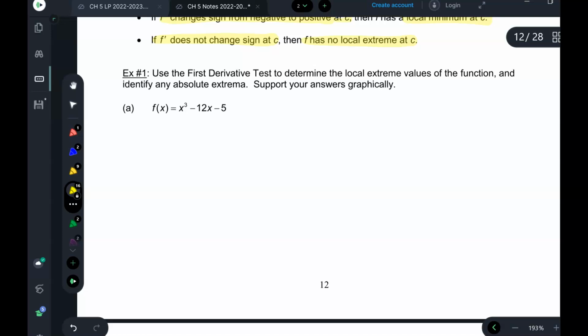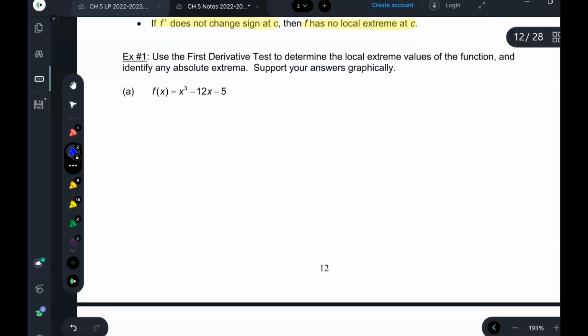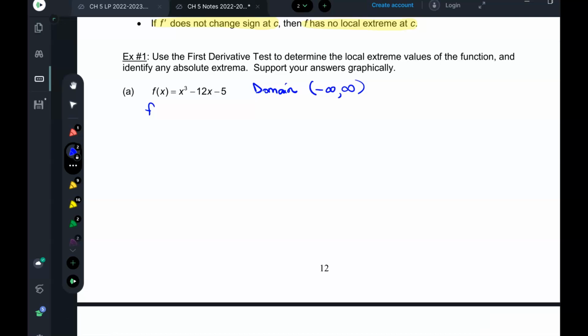Okay. This first example is going to look familiar. It's going to look like what we did for local extrema. First step, find the domain. Thank you for reminding me. I do always want to think domain. This is a polynomial, so the domain's all reals.